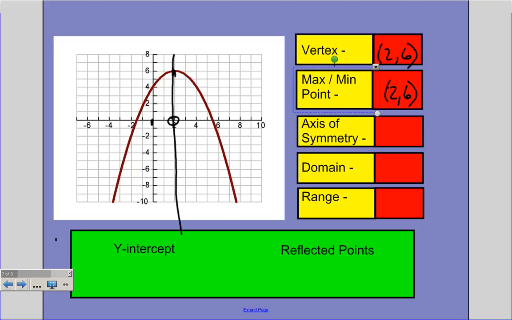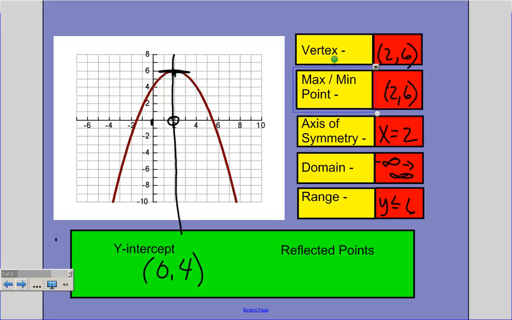That's at x equals 2. Our domain, as always, negative infinity to infinity. And lastly, our range starts here and goes down. So y is less than or equal to 6. But now our y-intercept is different. Our y-intercept here is 0, 4. Our y-intercept does not have to be the same as our max min point or our vertex.